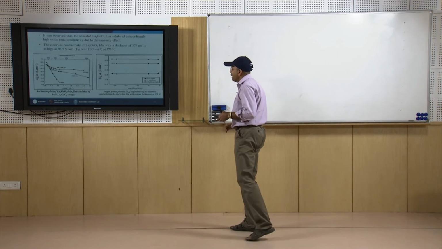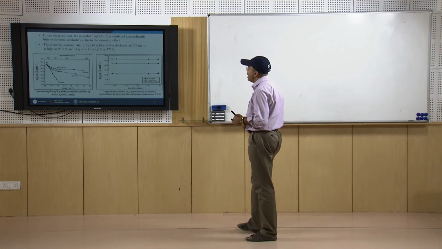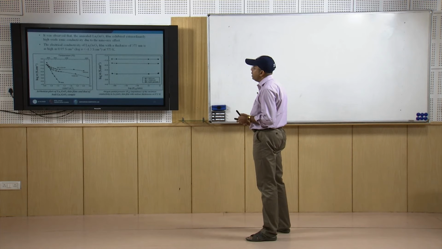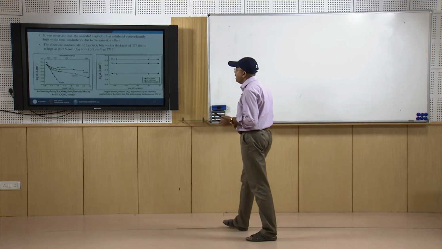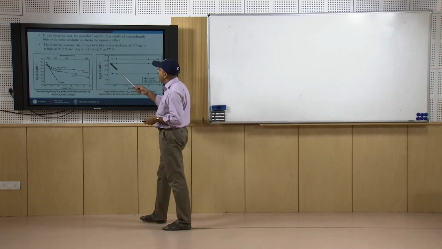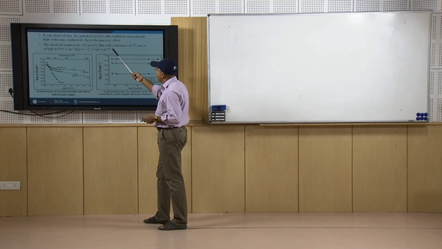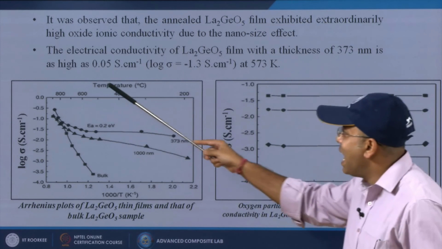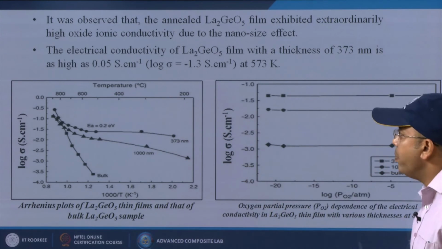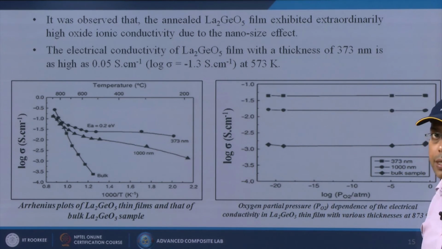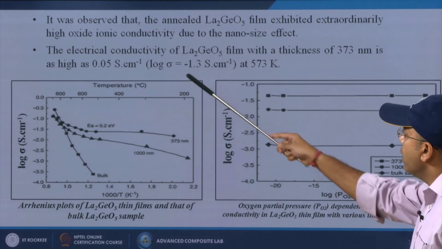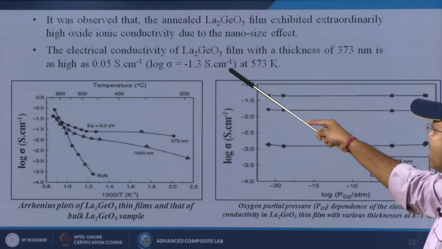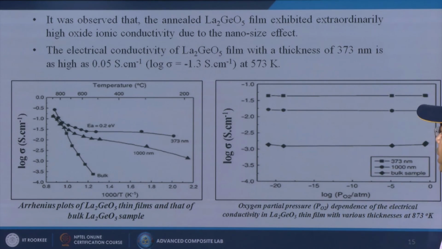The annealed lanthanum germanium oxide films exhibited extraordinarily high oxide ionic conductivity due to the nano size effect. The electrical conductivity of the film with a thickness of 373 nanometer is as high as 0.05 Siemens per centimeter, so log sigma is equal to minus 1.3 Siemens per centimeter at 573 Kelvin.